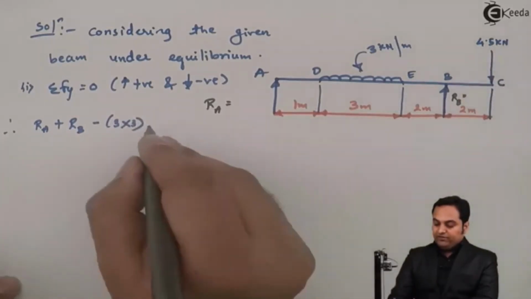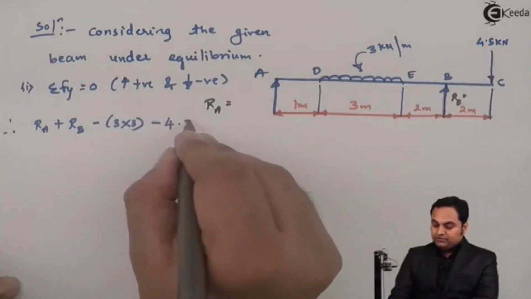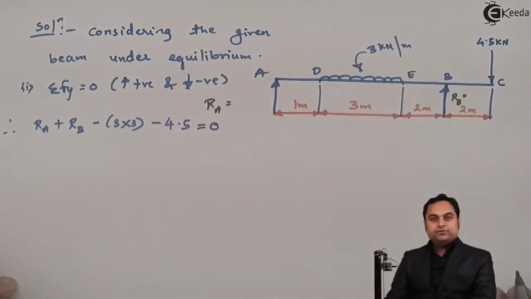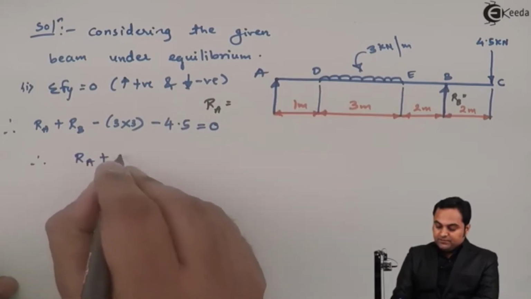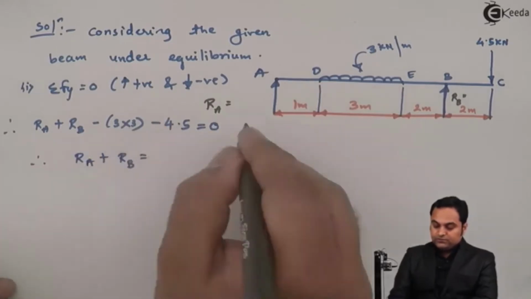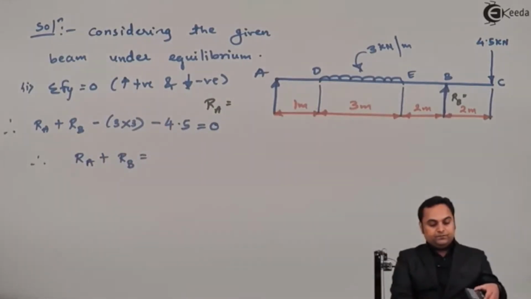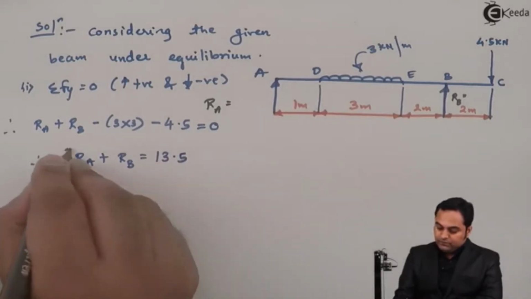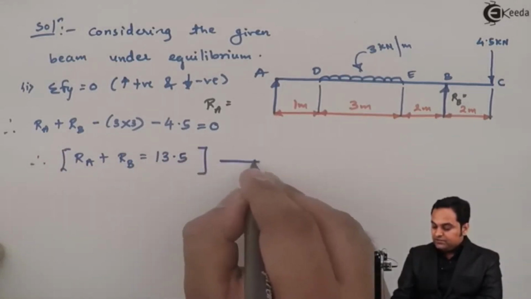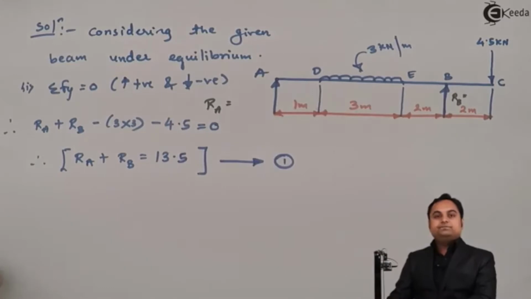Then we have 4.5 acting downward, so minus 4.5 is equal to 0. Therefore RA plus RB comes out to be 13.5, and I'll keep this as equation number 1.